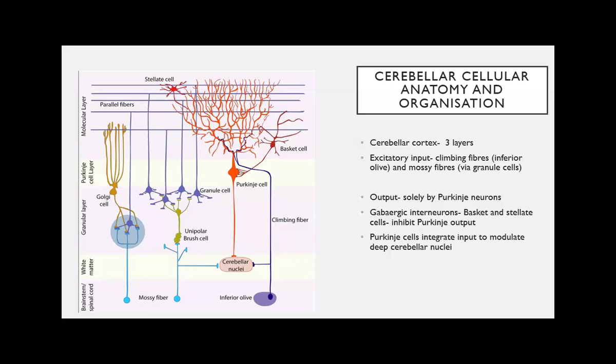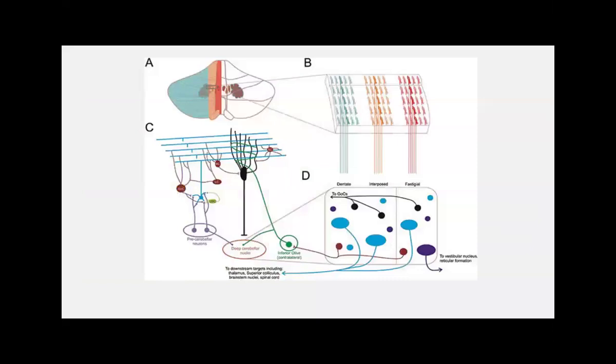Whereas the climbing fibers from the inferior olivary nucleus synapse directly with the branches of the Purkinje cell. In addition, there are other interneurons like brush cells, Golgi cells, and basket cells, as well as stellate cells, most of which are inhibitory. And this Purkinje cell output modulates the deep cerebellar nuclei.